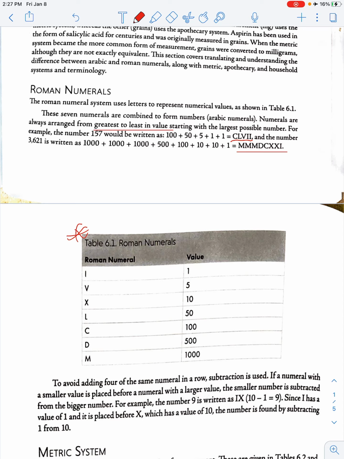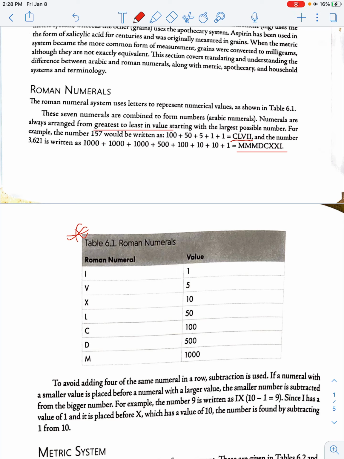So think of yourself as a cashier. If you were giving someone change at the register, or if you were taking someone's cash money at the register, you would have certain dollar bills that you have to work with. So you'd have $100 bills, $50 bills, 20s, 10s, 5s, and 1s, right? And so any amount of money that you needed to come up with, you'd have to come up with that money using those particular bills.